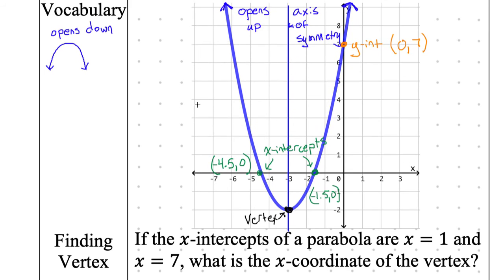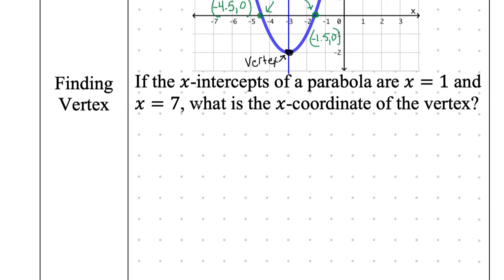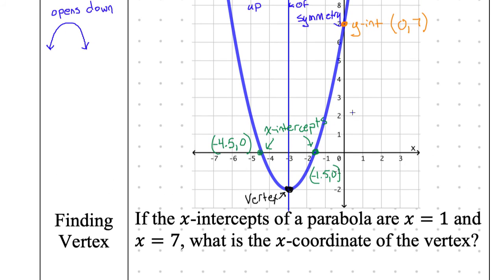So that's all I have for vocabulary, and let's also practice finding the vertex, the second part of our objective today. If the x-coordinates are 1 and 7, what is the x-coordinate of the vertex? And we want to think about this logically. Like if I just showed you this graph up here, you could probably do it on your own if I extended out the x-axis a little bit more. How would you find that?